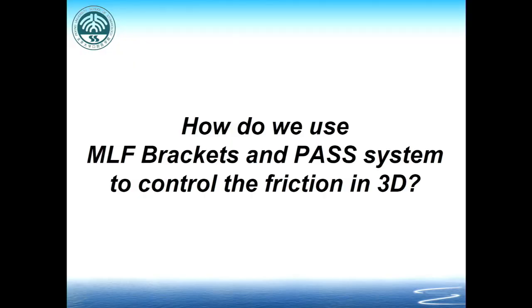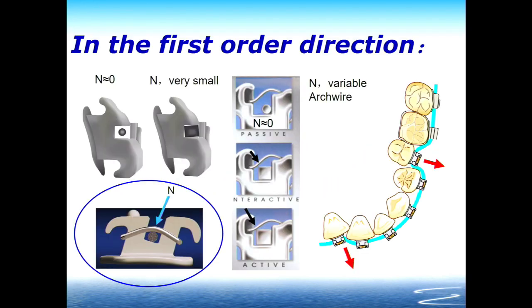So, how do we use MLF brackets and the PASS system to control the friction in 3 dimensions? Let's think about it in different orders: first order, second order, and third order. So what does the first order direction mean?